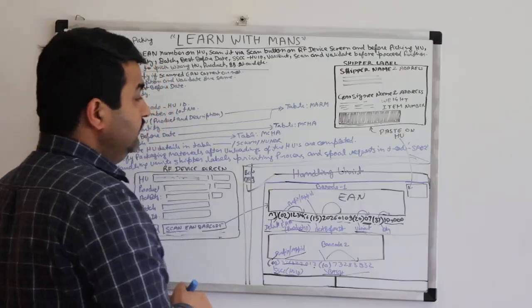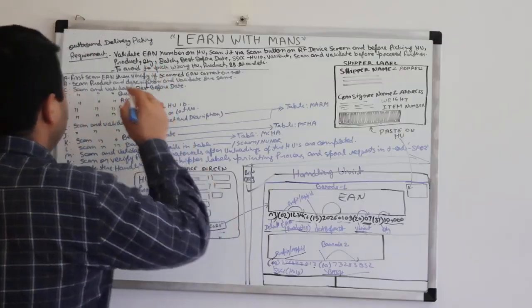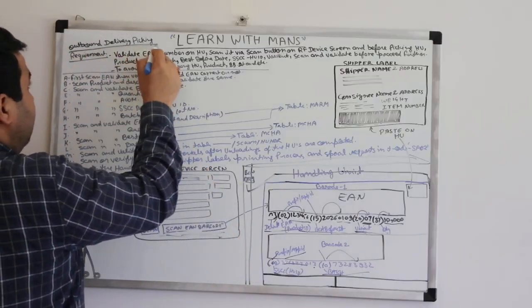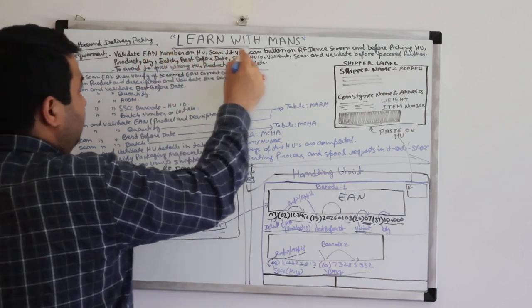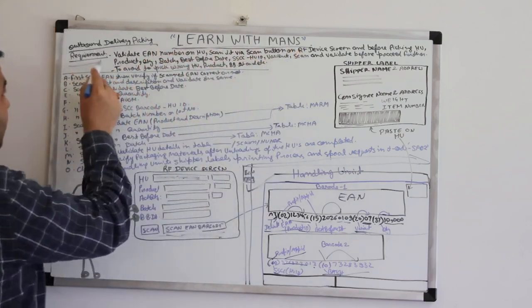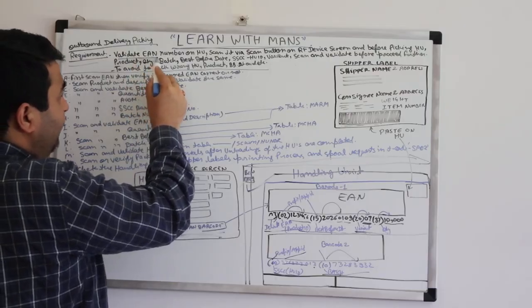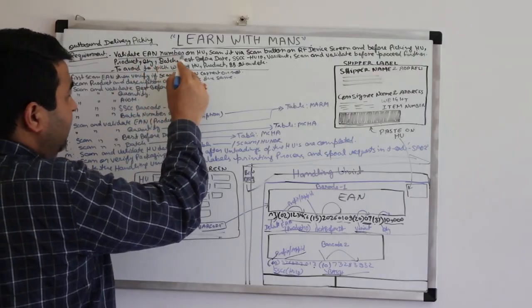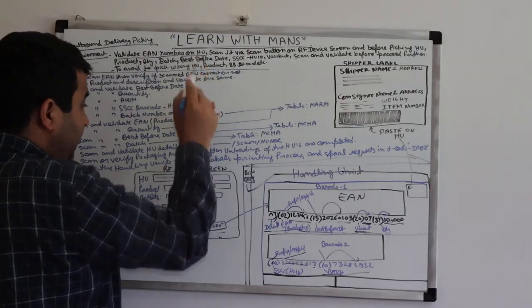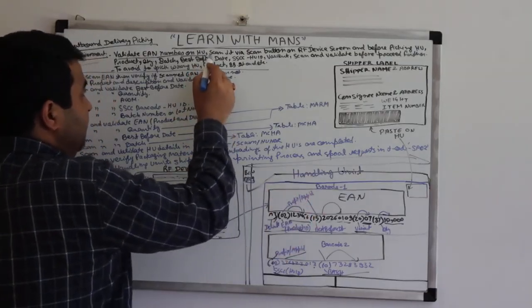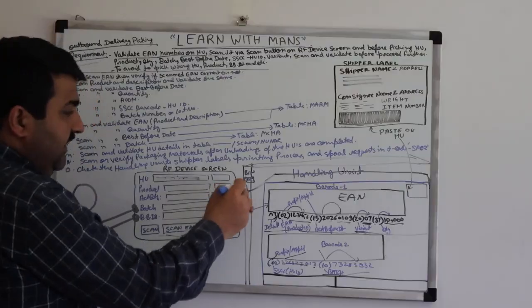The first step, our requirement is on the outbound delivery side, and I'm from Learn with Mans. The requirement: validate the EAN, European article number or international article number, on the handling unit. Before it, validate the bin.